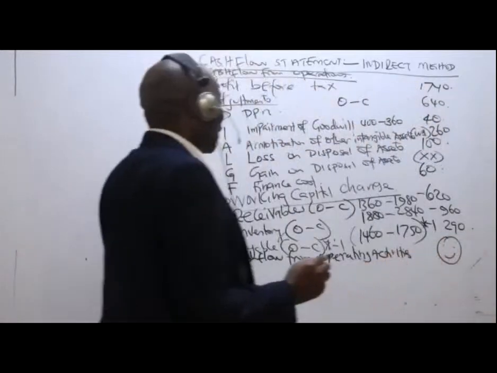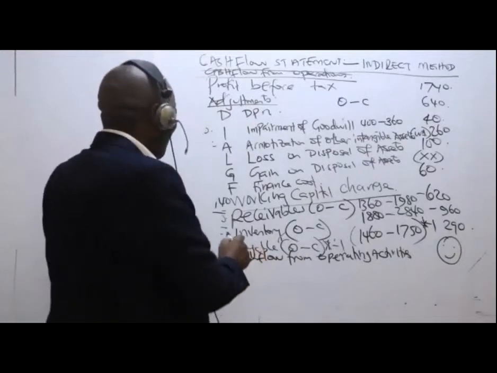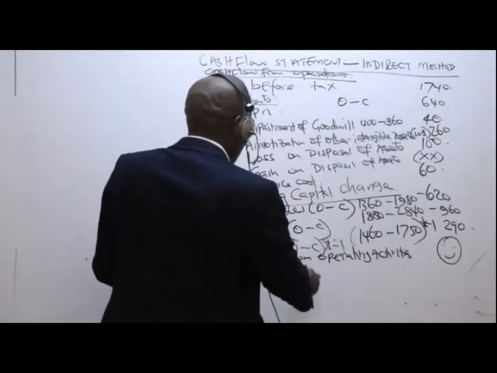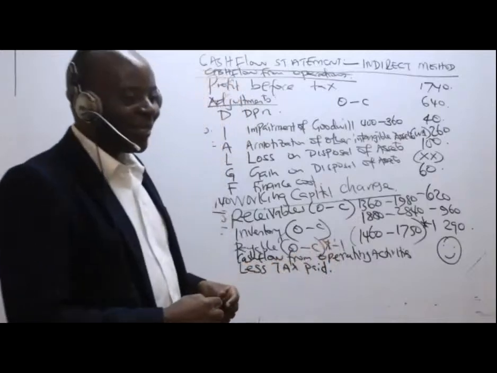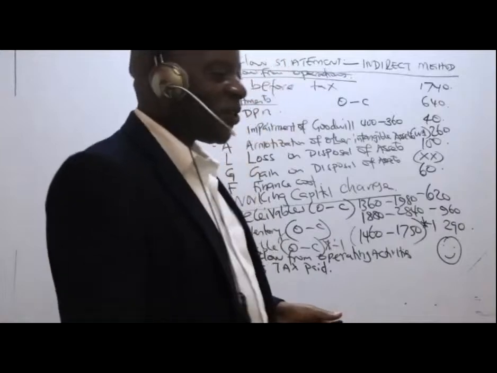So cash flow from operating activities, and then you less tax paid. Come here and less tax paid.